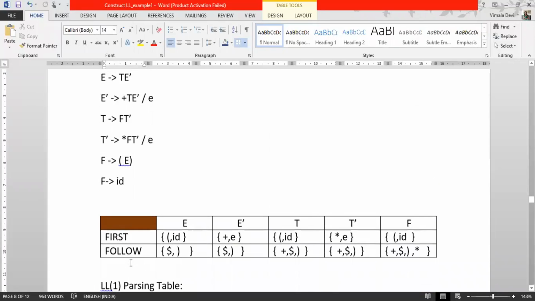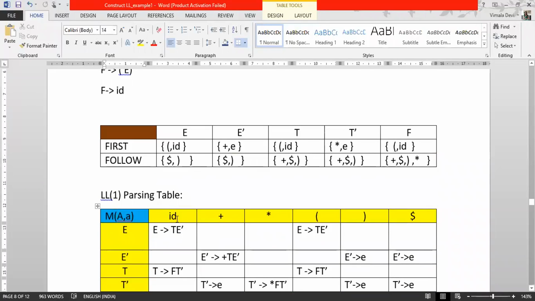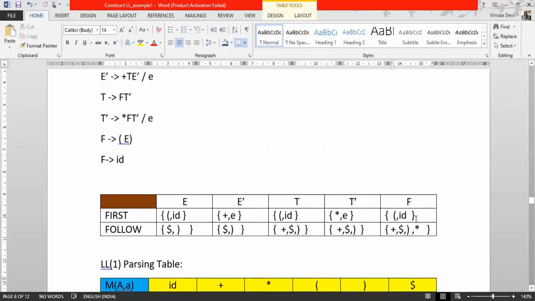This is the grammar. And the terminals are ID, plus, star, open parenthesis, close parenthesis. Don't consider epsilon as a terminal in the parsing table. Please note the point. And you have to include a dollar also, because dollar is a right-end marker of the string. Okay, now let us go rule by rule.